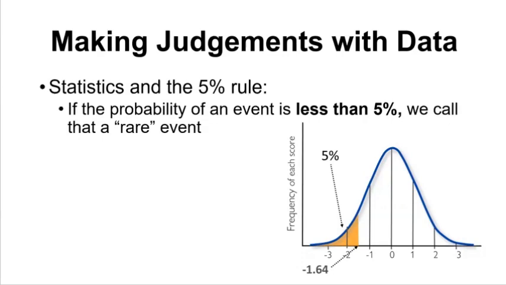If we were to randomly select an individual from a population, there would only be a 5% chance of selecting an individual whose score deviates that far below the mean. So if the probability of an event is less than 5%, we can call that a rare event. And we use this number often to decide whether or not our findings are strong enough to either accept or reject our hypotheses.